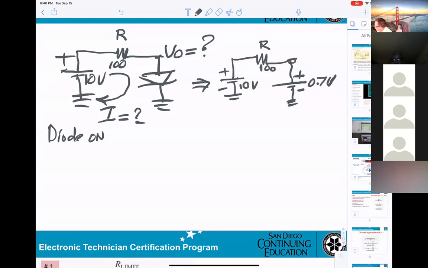Okay, that's what I'm talking about, VL. So what does VL equal? 0.7. Exactly. VL will be equal to 0.7.